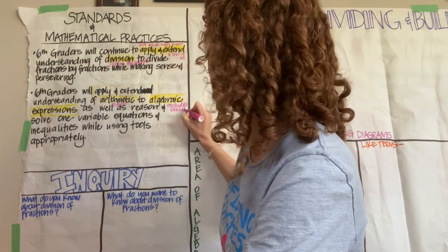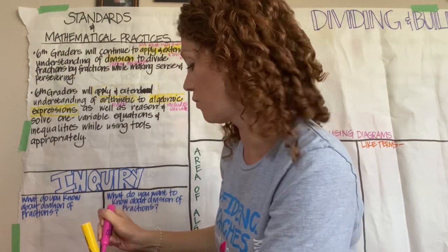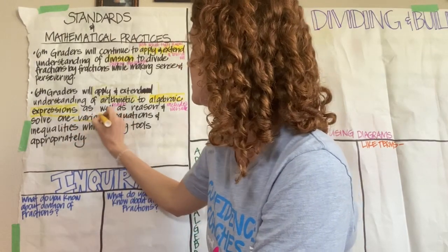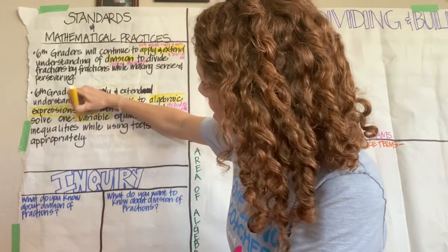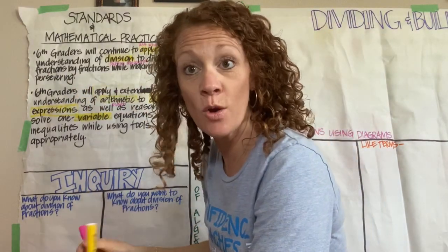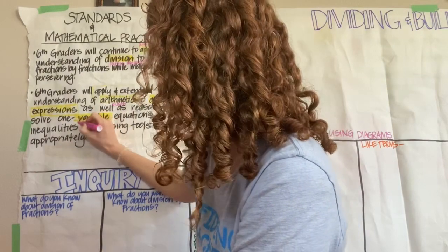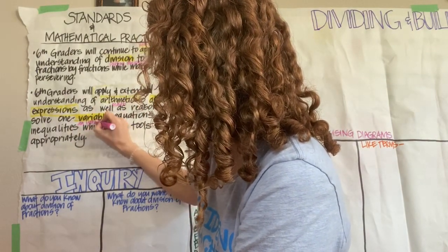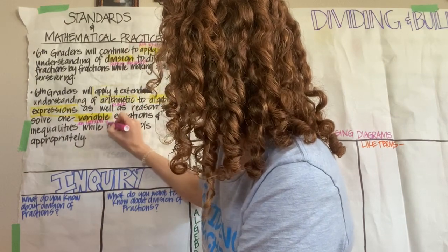And then the one variable equations. Variables, if you remember, oftentimes we see it with a letter to represent an unknown quantity. It's a way to represent an unknown quantity.